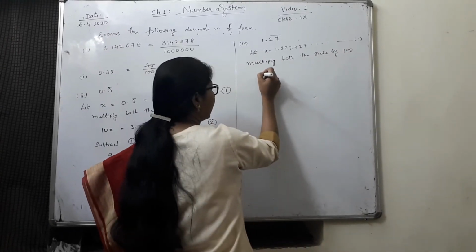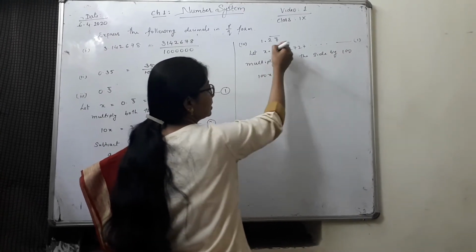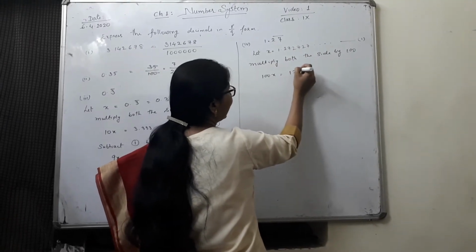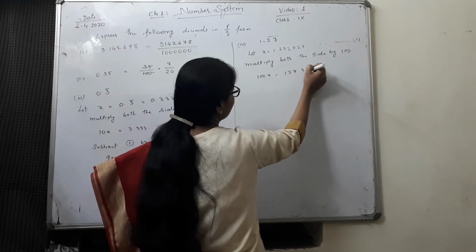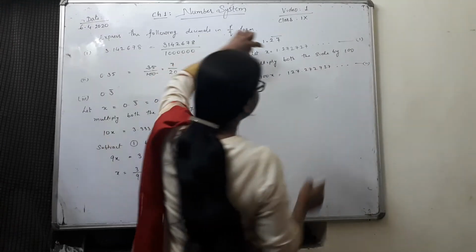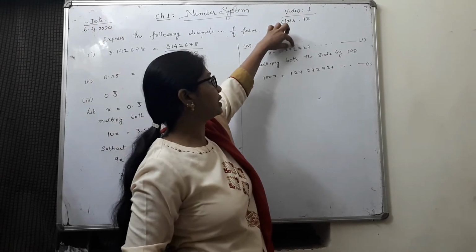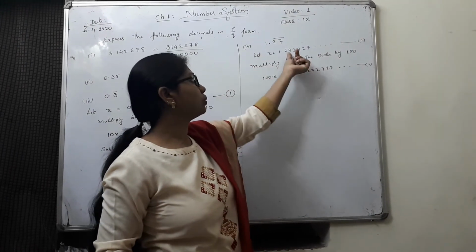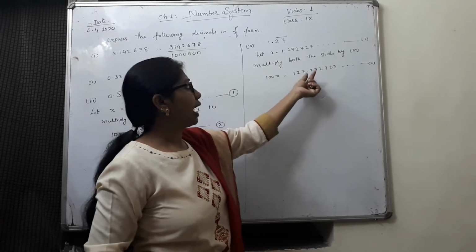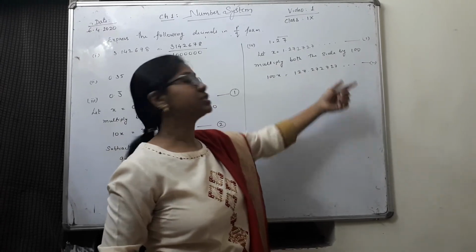So we will get 100x equals 127.272727, shifting 2 digits to the right hand side. You can check that after the decimal all the digits are the same, 2727.